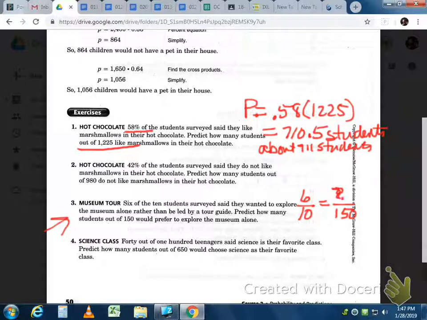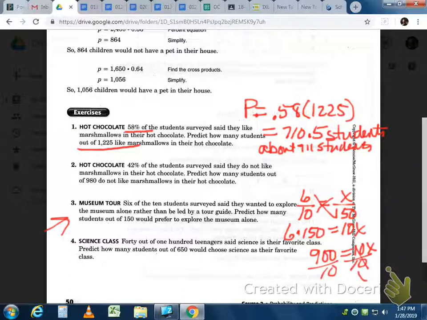So what should I change my question mark to? X. And then we're going to cross multiply. So 6 times 150 equals 10x. 900 equals 10x. What's the last step? Divide by 10. Remember, you can mark those zeros out. So it's 90.